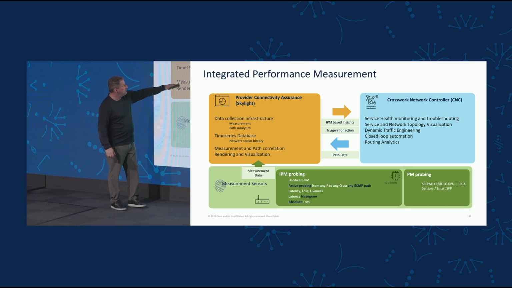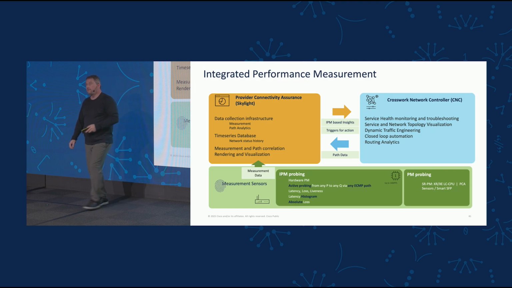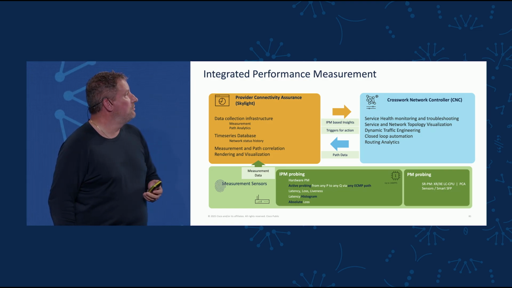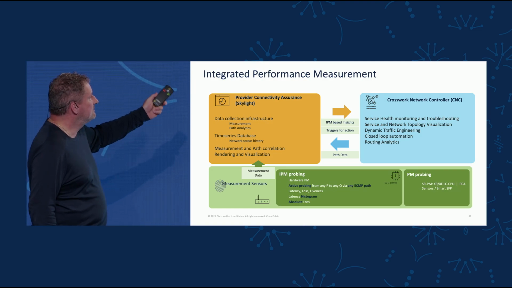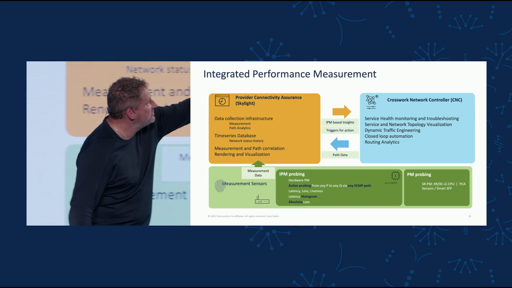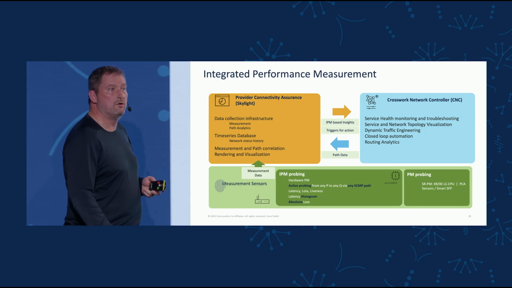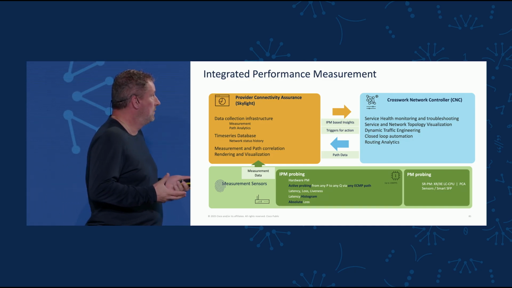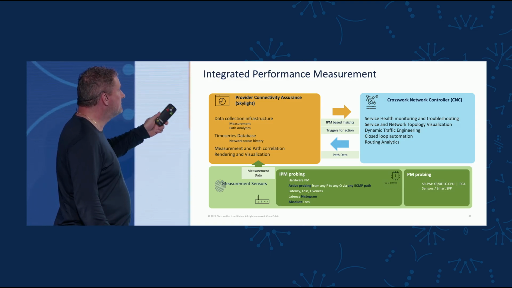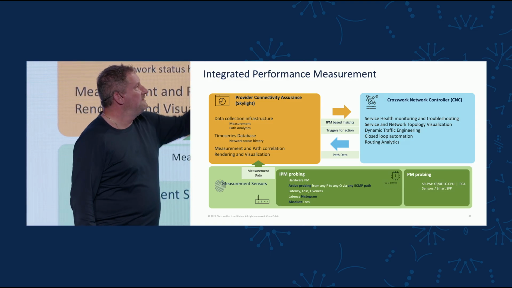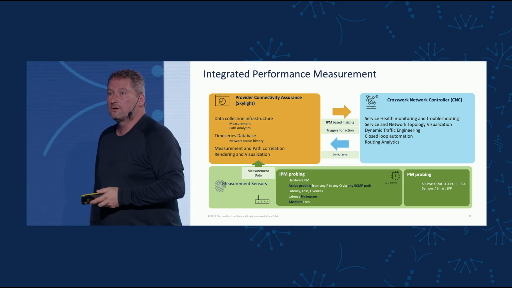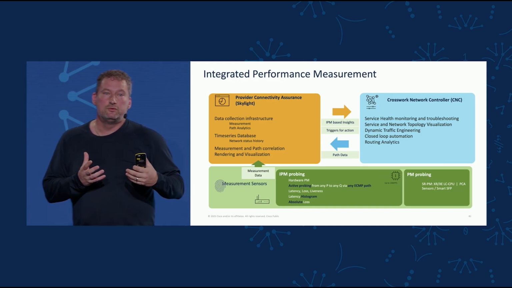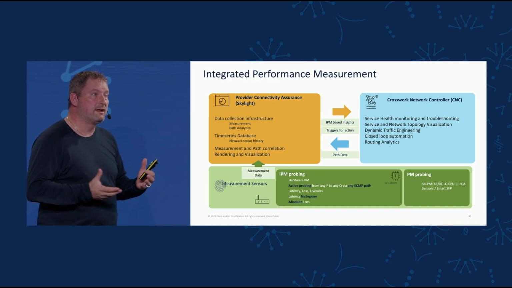That measurement data gets gobbled up into provider connectivity assurance, which will do analytics and path analytics that actually come from Crosswork Network Controller, who knows the topology, right? Time series databases, and so on, feeds all of this to Crosswork Network Controller, which will then contextualize versus or against the service.